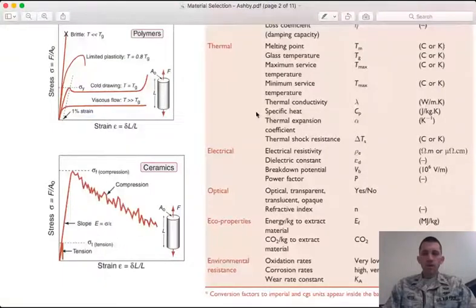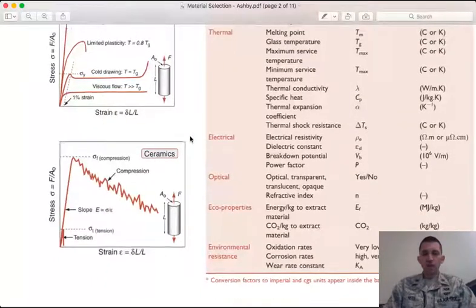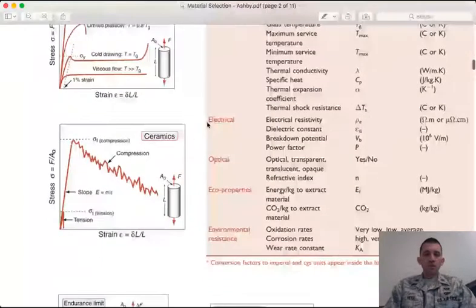If you have a heat exchanger or a material that is being heated repeatedly, specific heat is of interest. If you have a union between two different materials, or you have one material inside of another one, thermal expansion coefficient is important. You want to make sure that you have the right tolerances so that you don't have stresses build up as one thing expands inside of another.